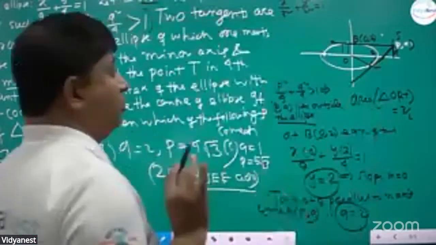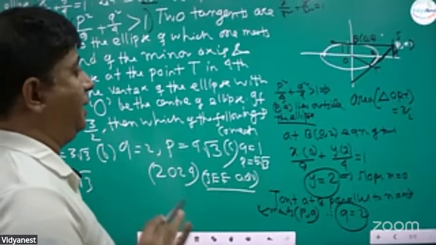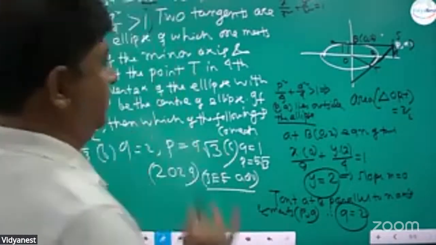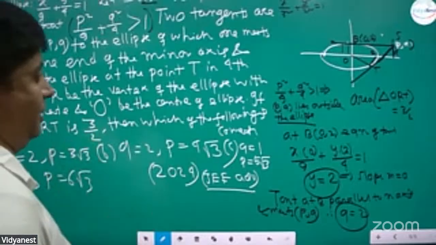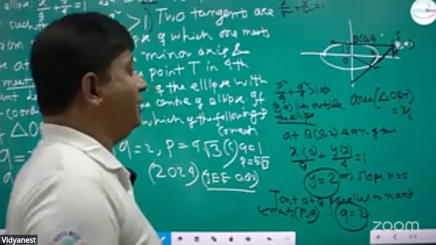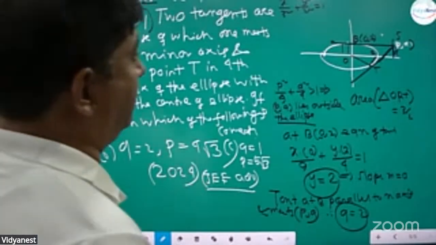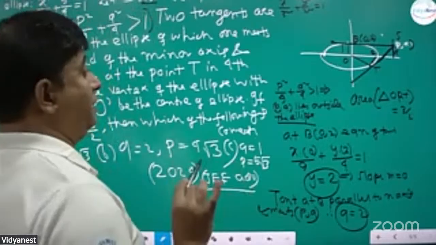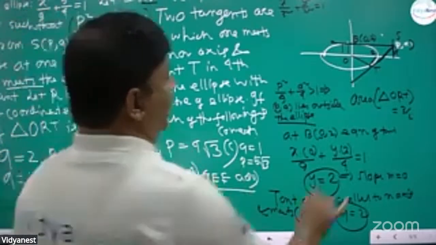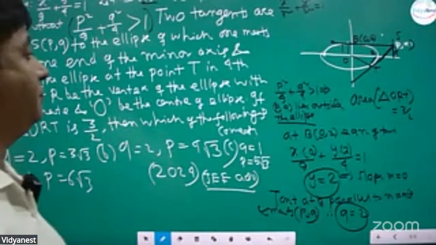That we are told to find. How to find that? That is a big issue. How to find the equation of ST, that P, and tangent at any point T. How to find?